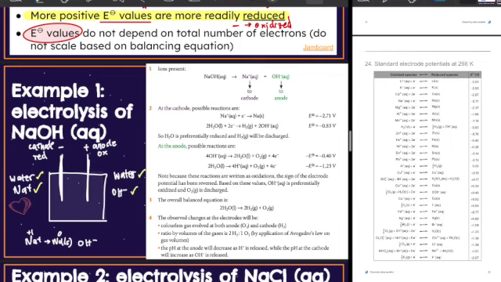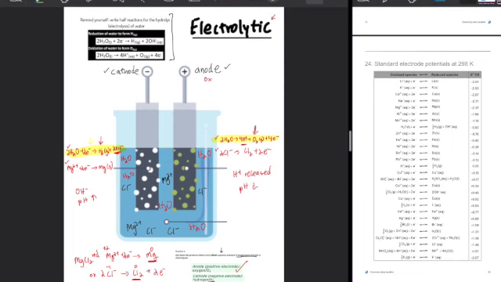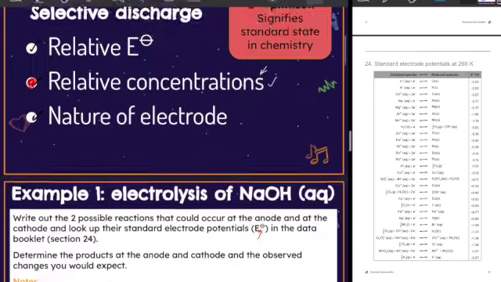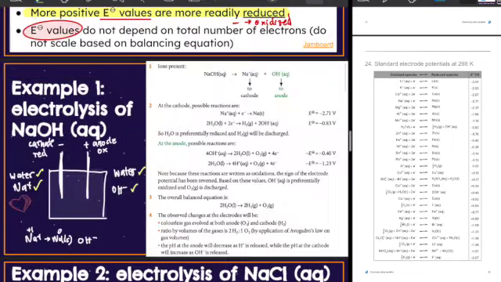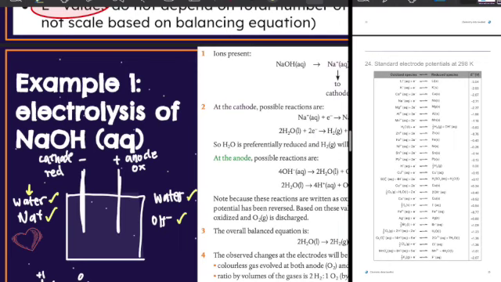Before we saw in both cases, water wins, but you don't have to have the same thing win at both electrodes. By that I mean, if water wins at the cathode, it doesn't also have to be preferred at the anode. So it could be that water wins here, OH minus wins here, vice versa. So let's get into it.